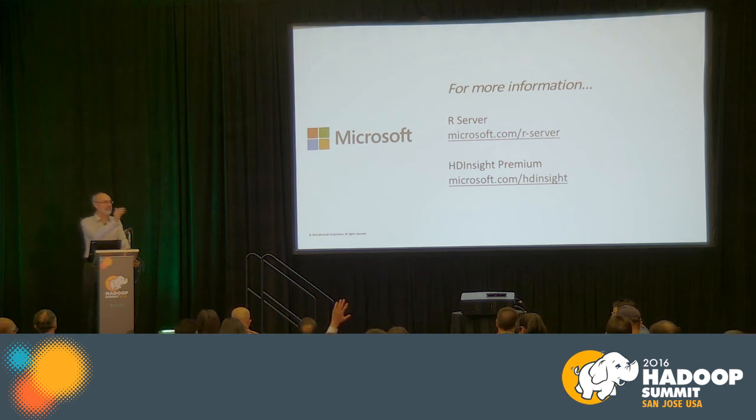I saw a question over on this side of the room. How does SparkR compare to open source R and its available functionality? Open source base R doesn't really have functions for Hadoop.